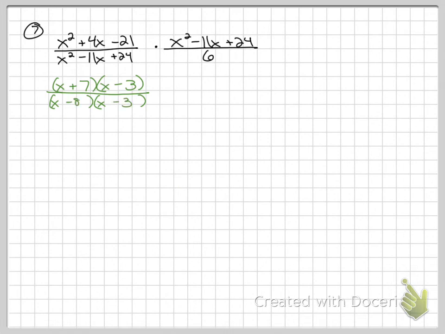Minus 8 minus 3. 24 is 6 and 4. Also 3 and 8. If they're both negative, that'll work. Over 6. Anything on top that matches anything on the bottom? I just factored the same thing twice, didn't I? Could have crossed that out a lot earlier, huh? And then the remaining factors with the restriction.